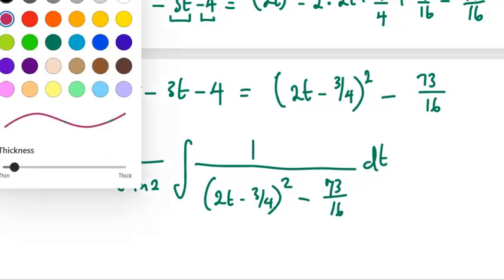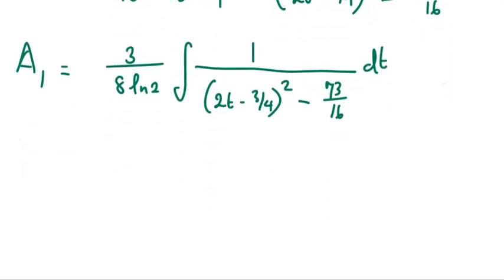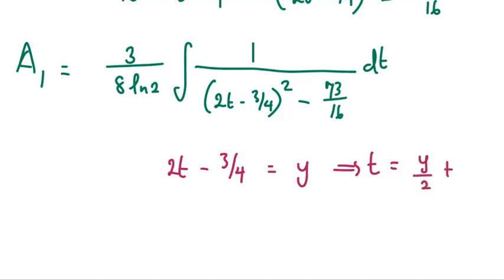Substitution time again, right? So we're going to do the following. We're going to let 2t minus 3 over 4 equal, let's say, y, right? So for t, we see that t is going to be y over 2 plus 3 over 8.